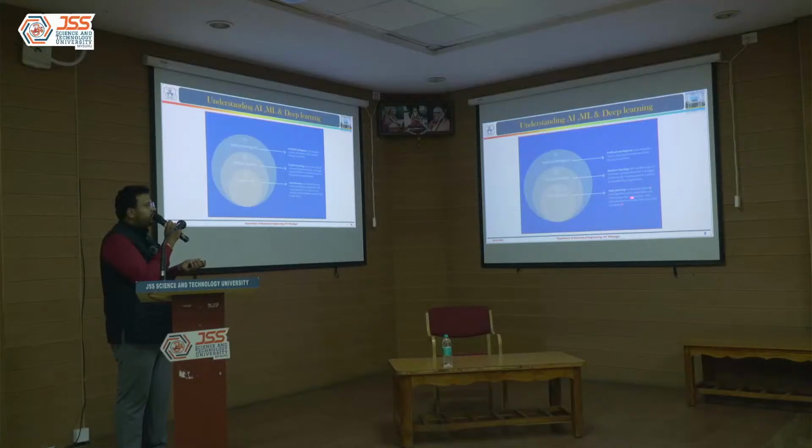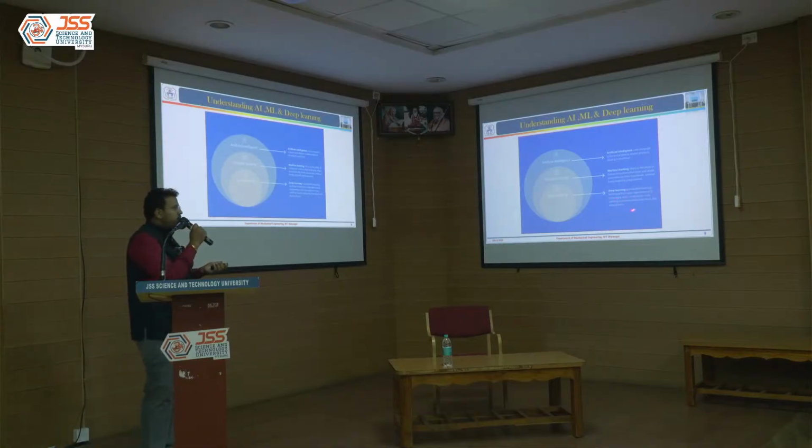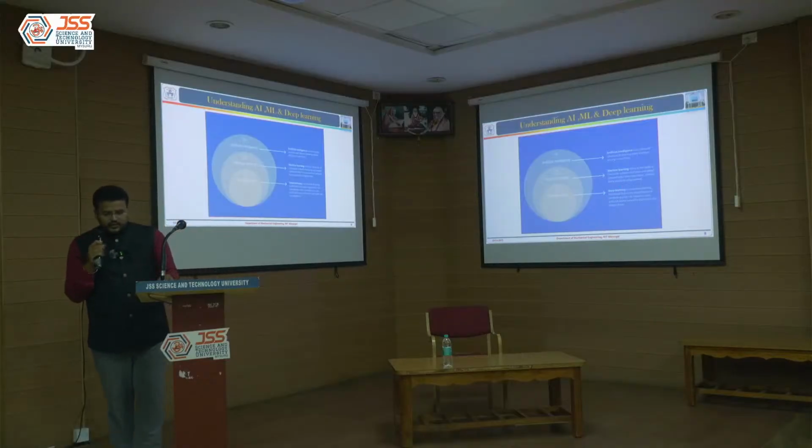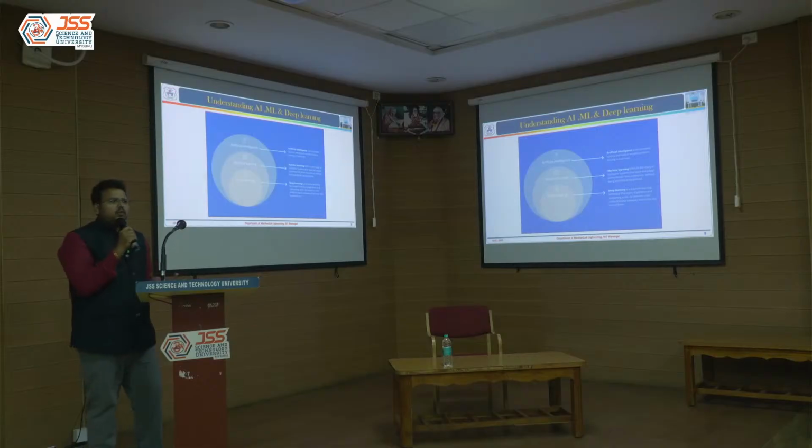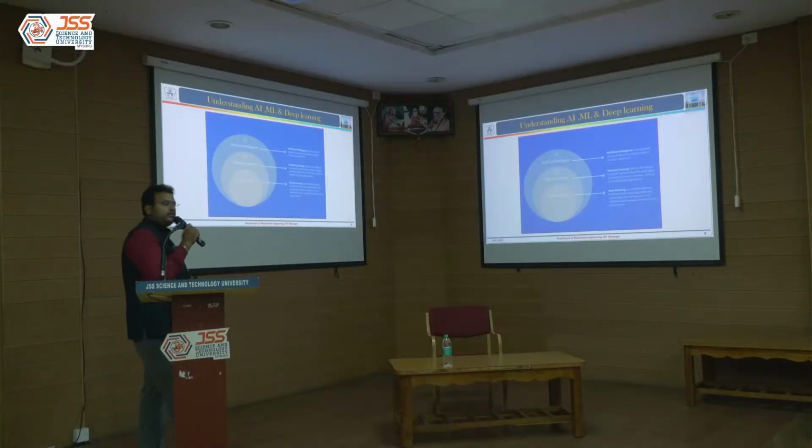Deep learning is a machine learning technique that layers algorithms and computing units or neurons into an artificial neural network that mimics the human brain. Okay, so that is a small basic on what is ML, what is AI, and what are the other subsets.